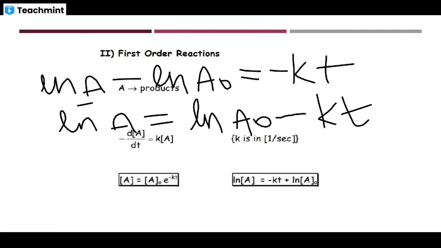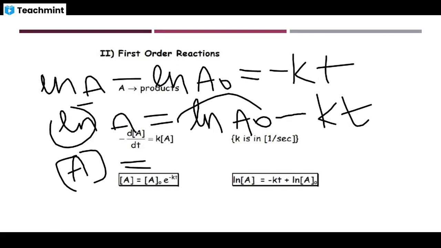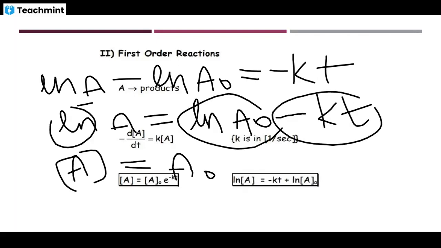Then take e power. So take the e power, ln e is 1. So A equal to e power ln A naught, equal to A naught into multiplication. So this becomes multiplication, so e power minus kt. This is how the equation comes from.